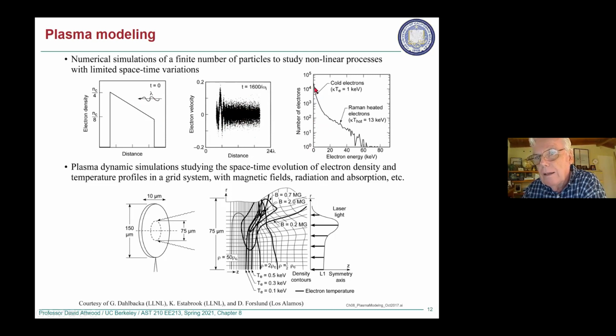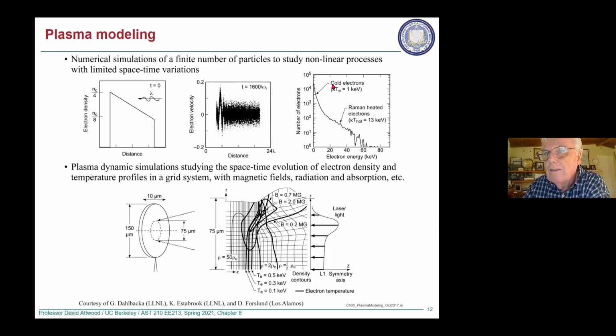And so the slope of that would give you the temperature. What is the electron temperature? It's indicated here as cold electrons, which just means electrons versus hot electrons. If there were no nonlinear processes, this curve would just drop down straight. But because of nonlinear processes, you can heat up some of the electrons to much higher temperatures.